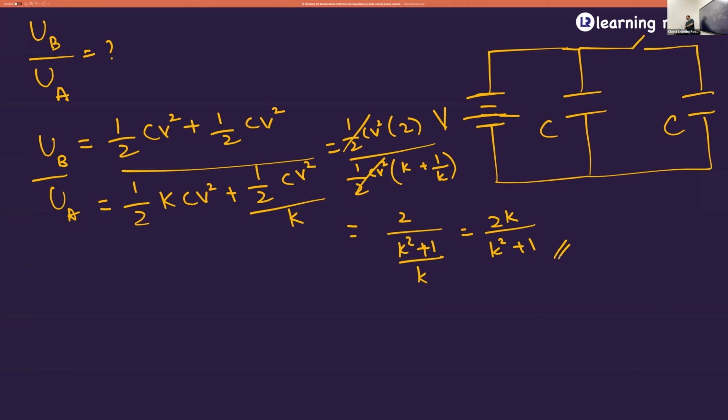When placed with its axis making an angle of 60 degrees with uniform electric field, experiences a torque of 4 root 3 Newton meter. Full stop. Calculate the potential energy of the dipole.